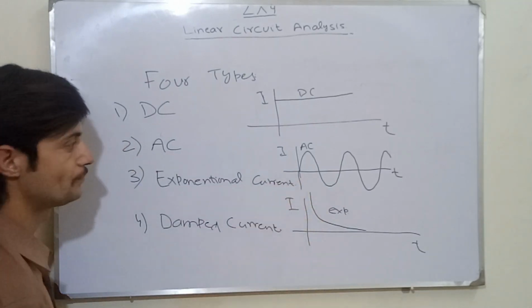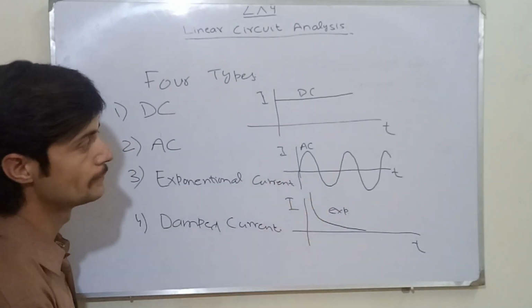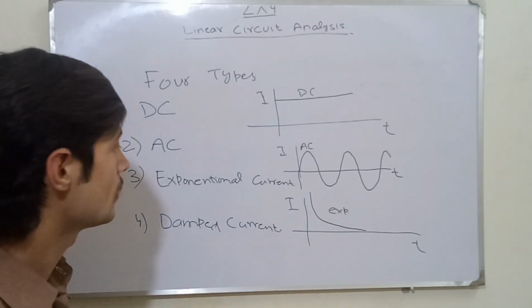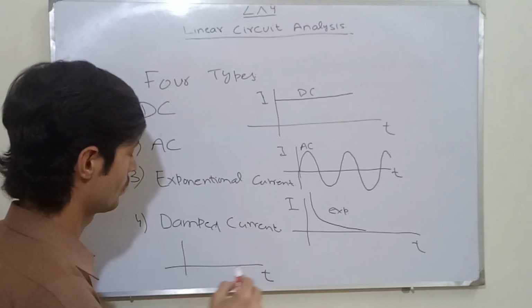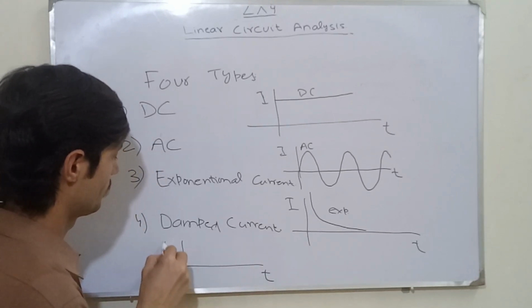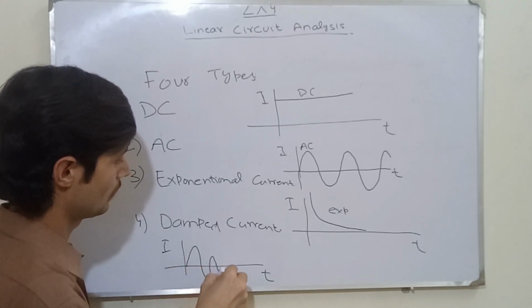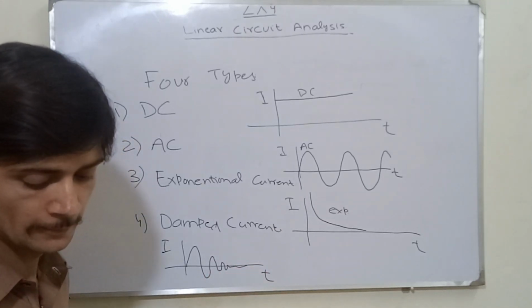If we multiply this signal with this signal, then this will become a damped signal or damped current. And the waveform of damped current will look like this.